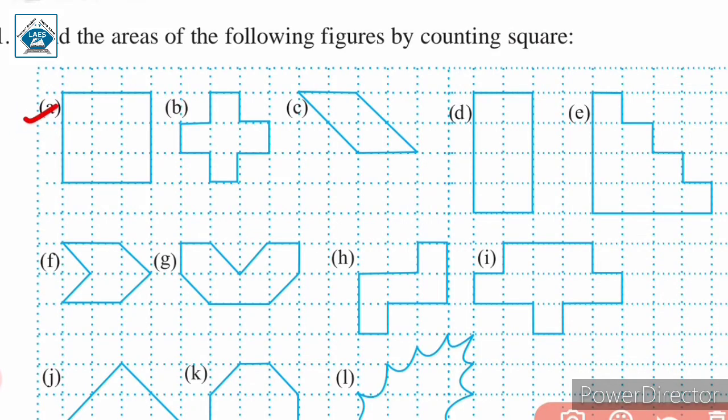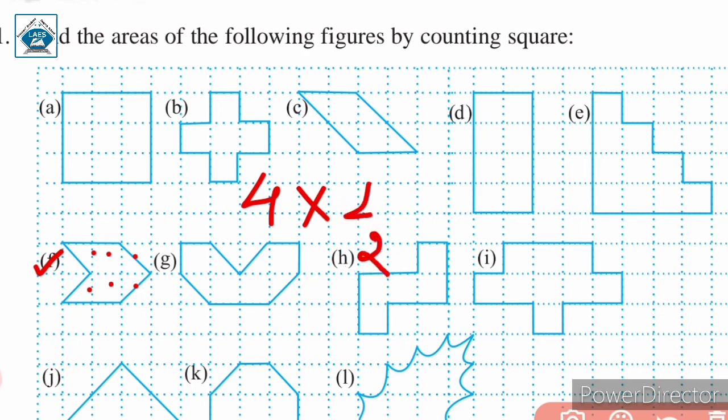Just like we solved A, B and C, you can solve D, E and F in the similar way. Here there are no half squares. Similarly यहाँ पर भी कोई भी half squares नहीं हैं. In the figure F, we can see there are 1, 2, 3, 4, 4 half squares. So in this case also you will multiply 4 with 1 by 2.